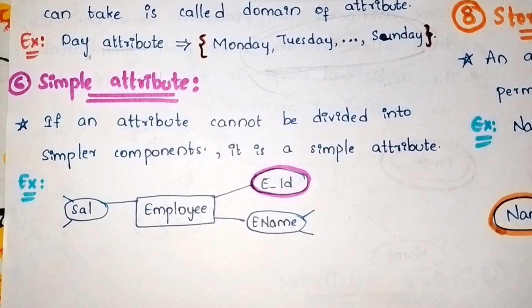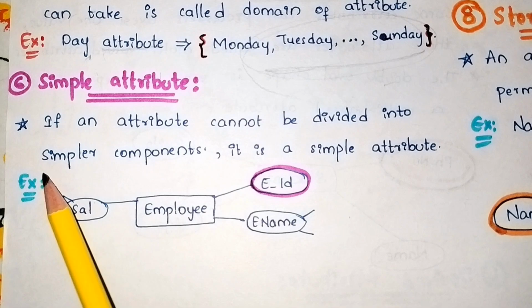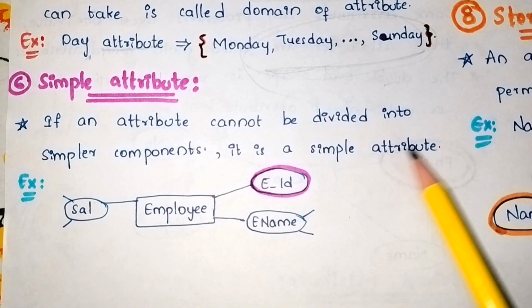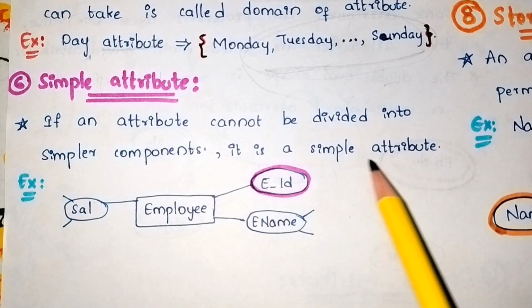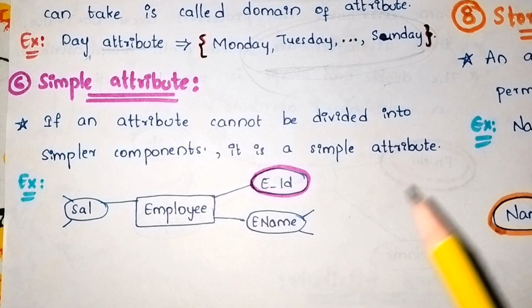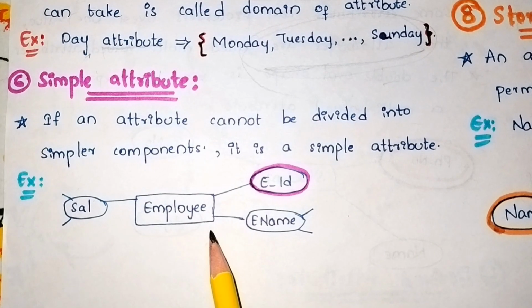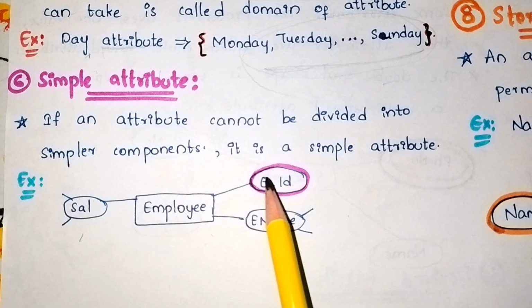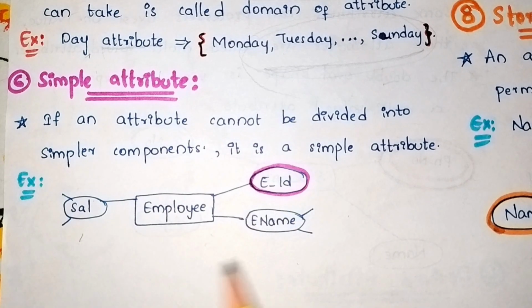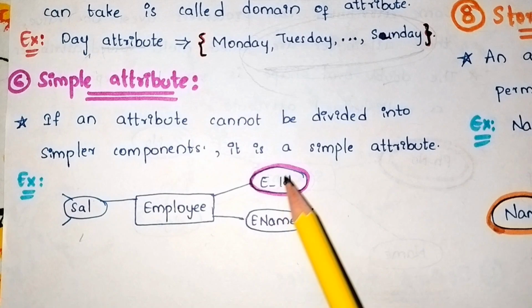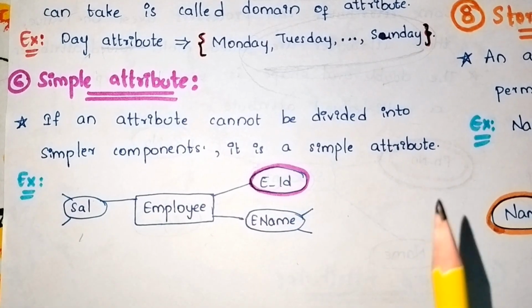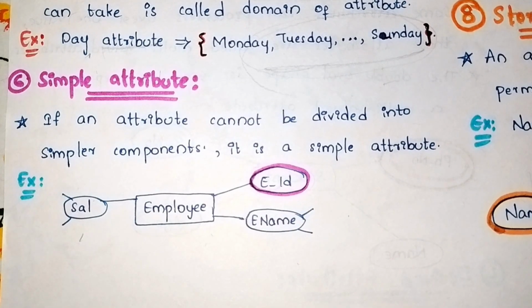And next we have simple attribute. If an attribute cannot be divided into simpler components, it is a simple attribute. Suppose we see the example of an employee: employee salary, employee name, employee ID. Three kinds of attributes we have considered here, where employee ID is unique and can't be divided into further types like employee ID 1, employee ID 2.